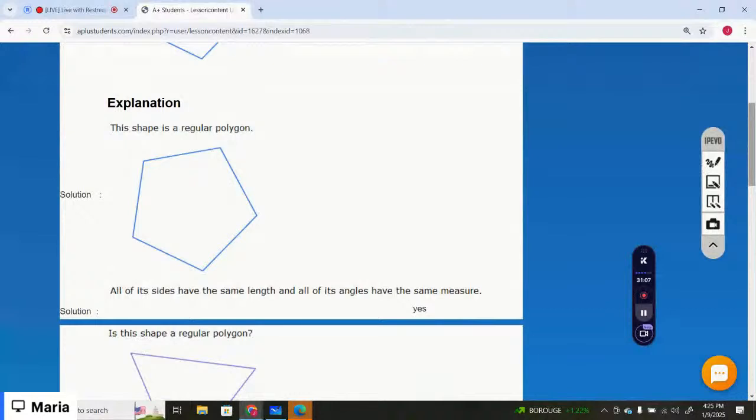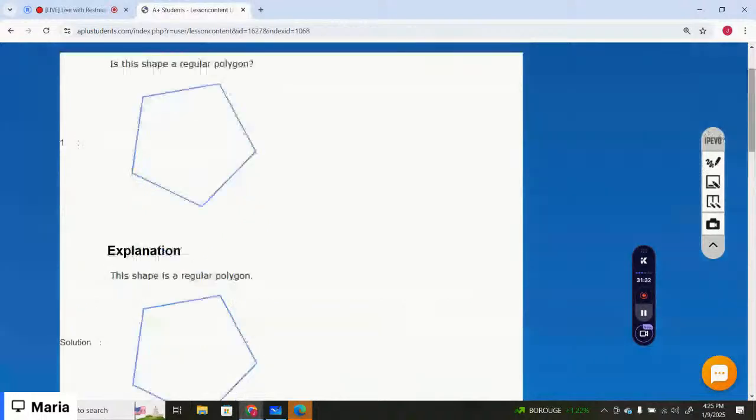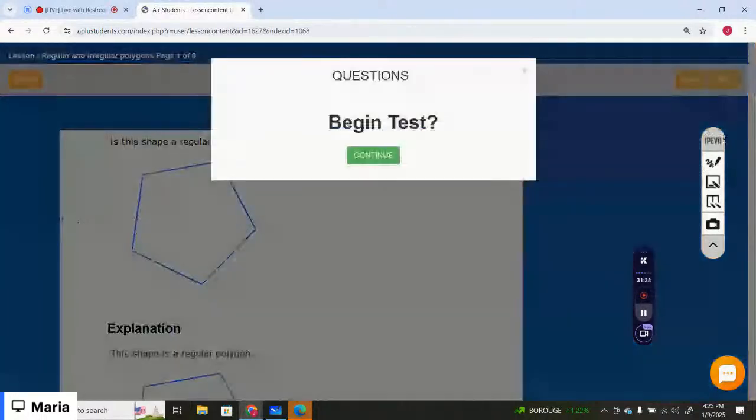So that is the regular polygon. Let's just start with the test questions.